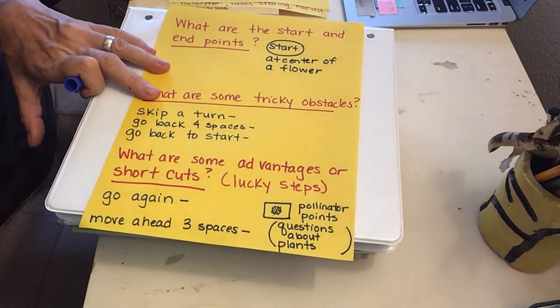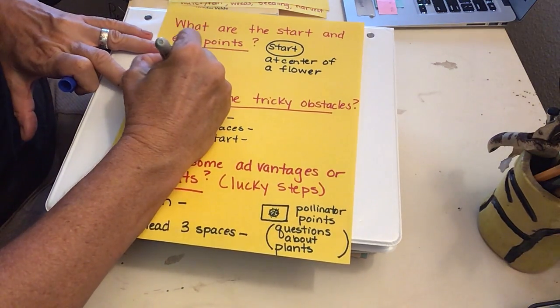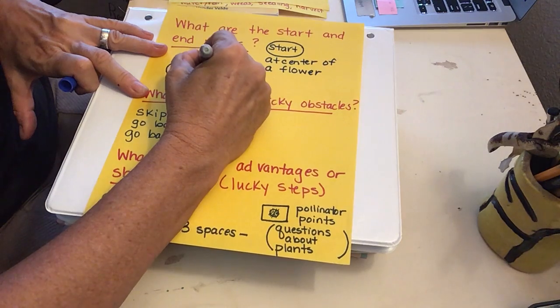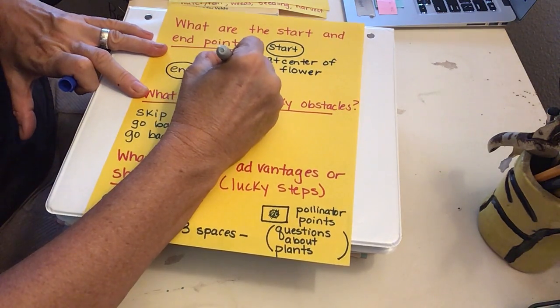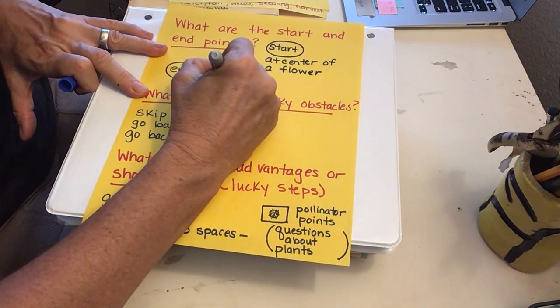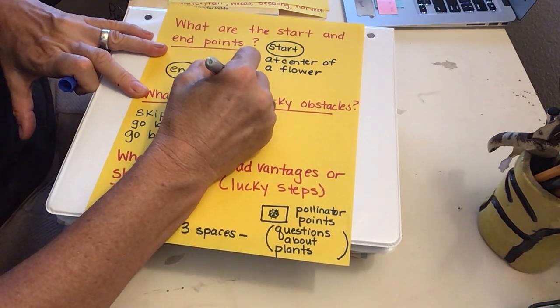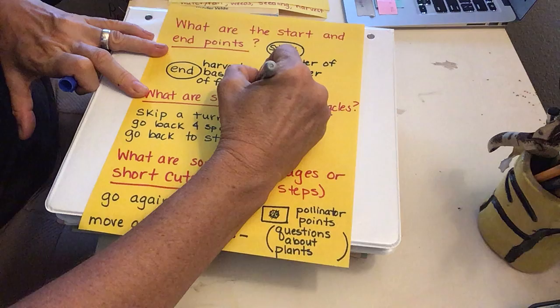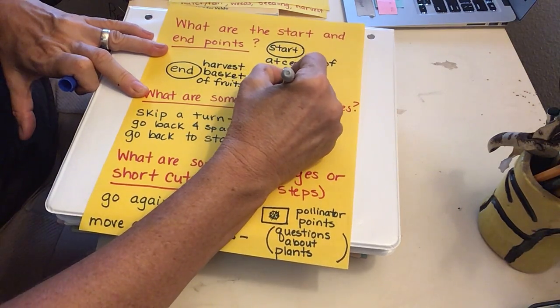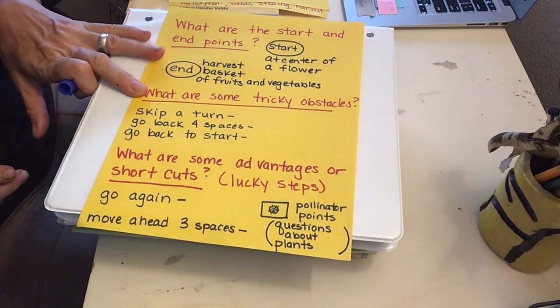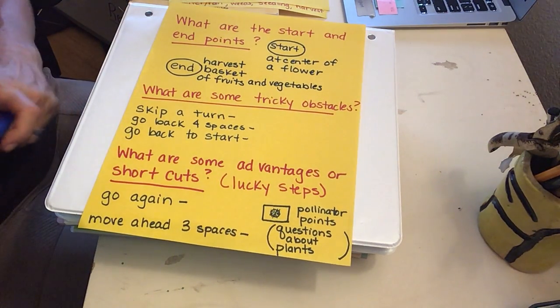And the end is probably going to be, I'm going to say a harvest basket. When I harvest, a harvest basket of fruits and vegetables. That's because my game is in a garden. How about you? Where will your start and end be?